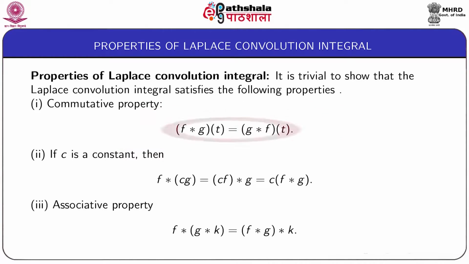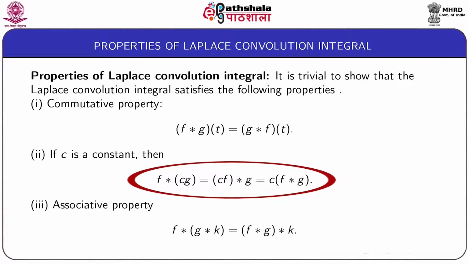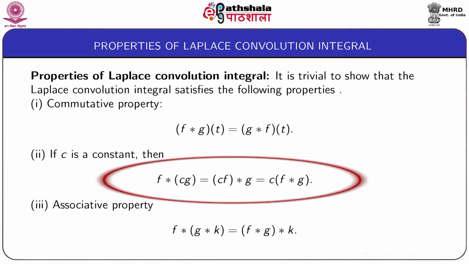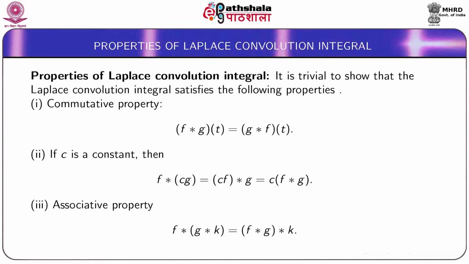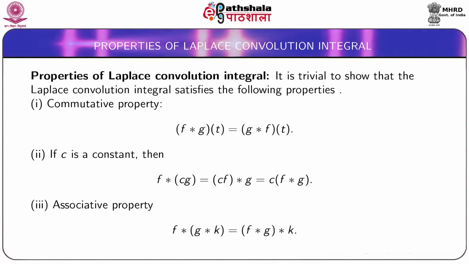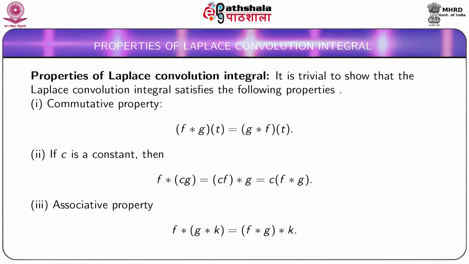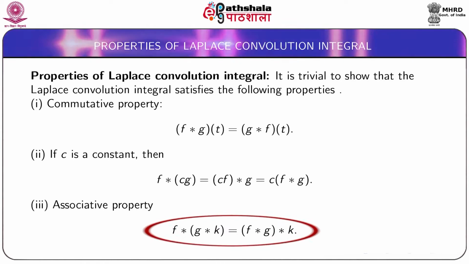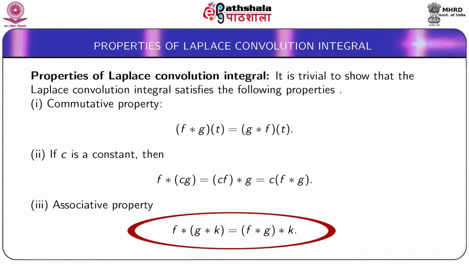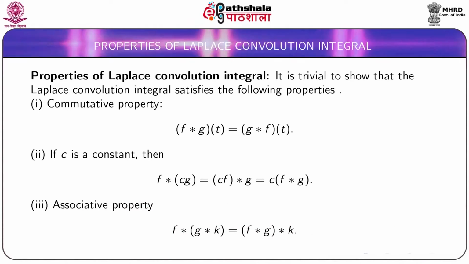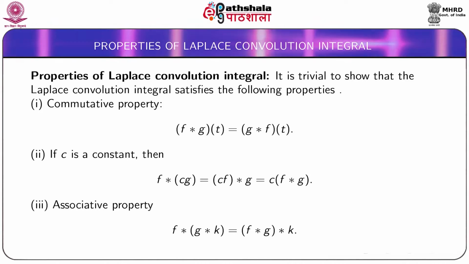Also, if c is a constant, then f star cg is equal to cf star g, and that is equal to c times (f star g). Third is the associative property, that is (f star g) star k is equal to f star (g star k). All these properties can be proved from the definition of the convolution.